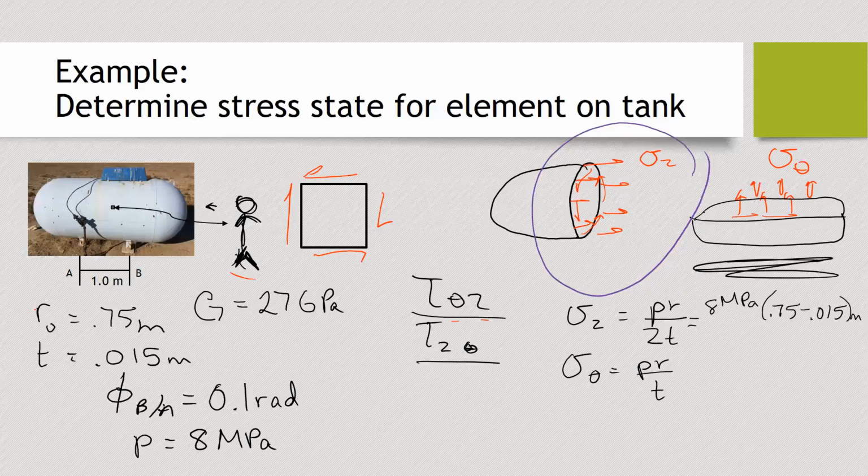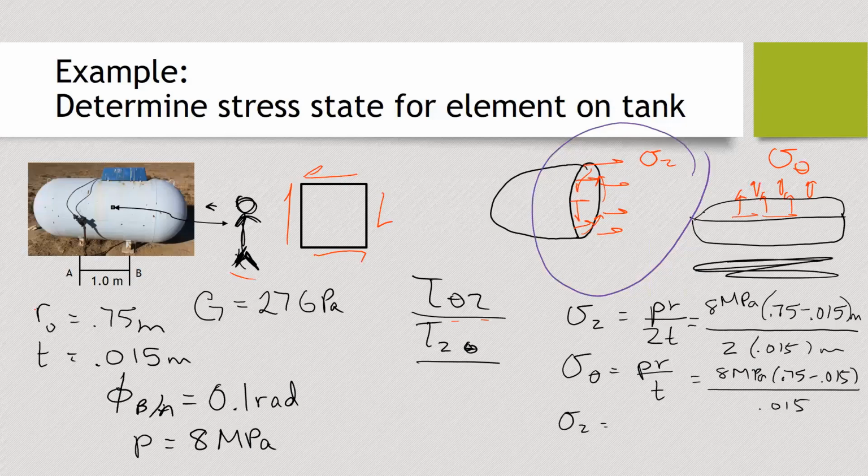Now mathematically you're going to see it's very little difference, but technically speaking we want the inside radius. Divide by 2 times 0.015. Same thing here, 8 megapascals, 0.75 minus 0.015, divided by 0.015. Okay, that gives us, I believe this one is 196 megapascals.